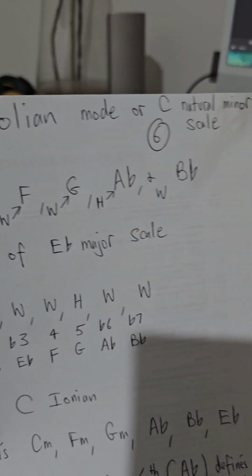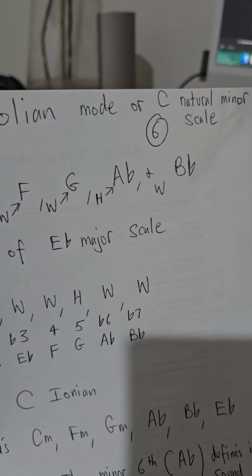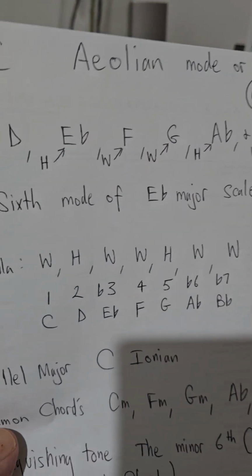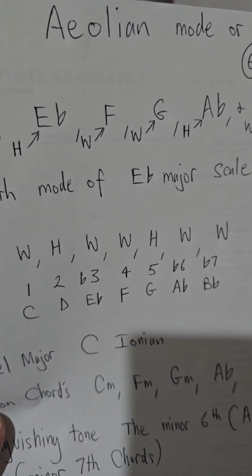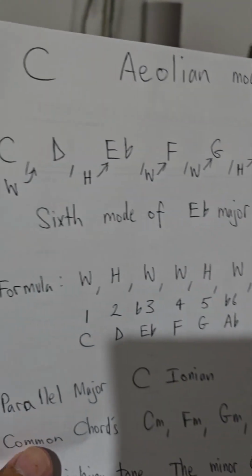You have the C Aeolian mode or C natural minor scale. It's the sixth mode of the E flat major scale.